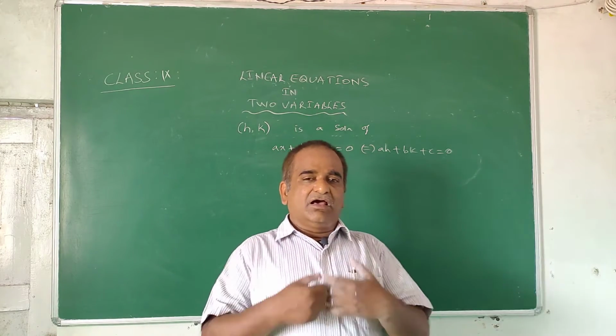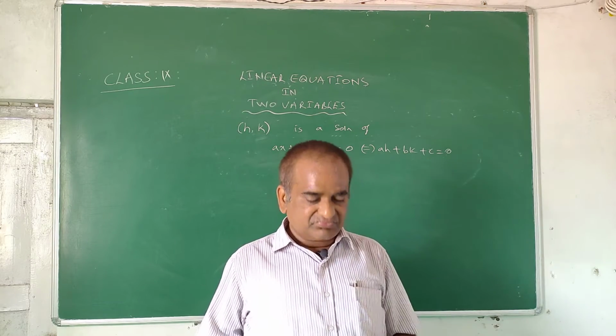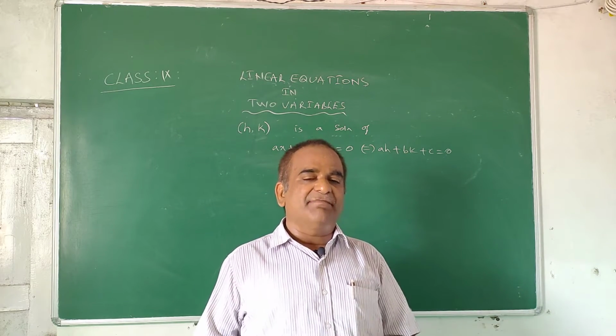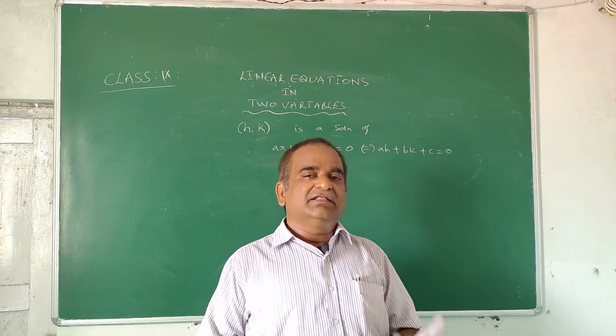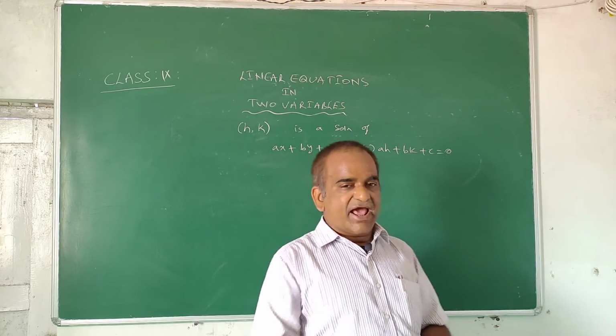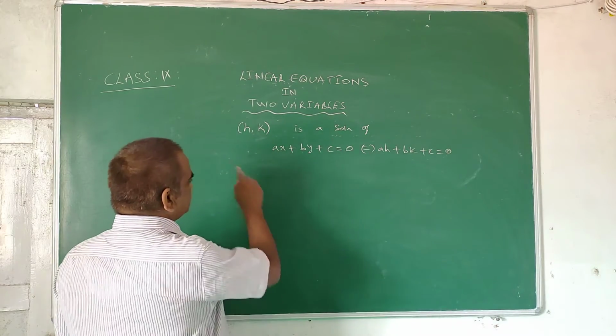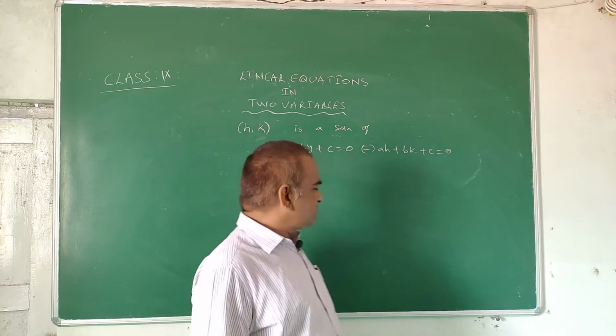So on replacing x comma y respectively with h comma k, the equation has to be satisfied, then it is called a solution, otherwise it is not a solution. So this is about the solution of a linear equation in two variables.